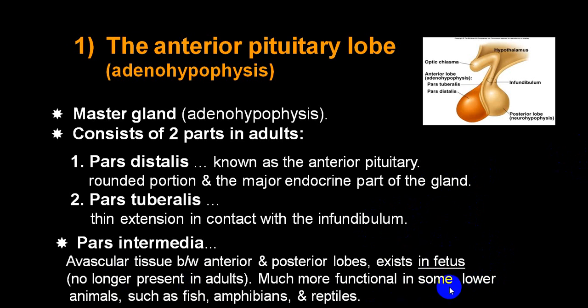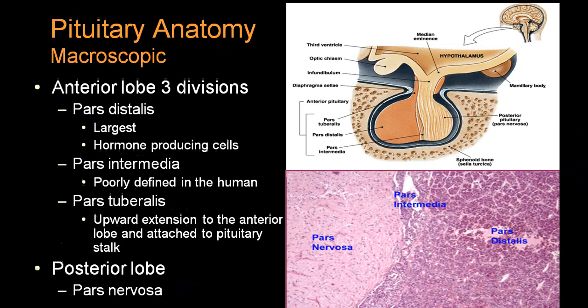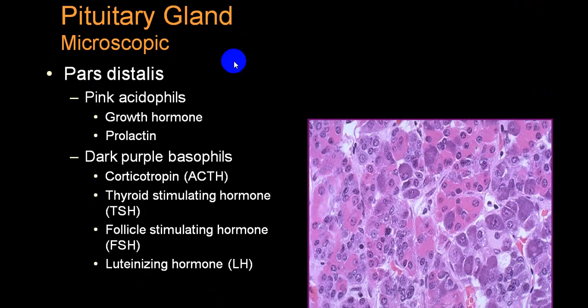In the fetus, it was secreting certain hormones, particularly MSH. The anterior lobe comprises pars distalis, intermedia, and tuberalis, while the posterior lobe is called pars nervosa. Now, pars distalis, that is this part we call the anterior pituitary, contains different types of cells.